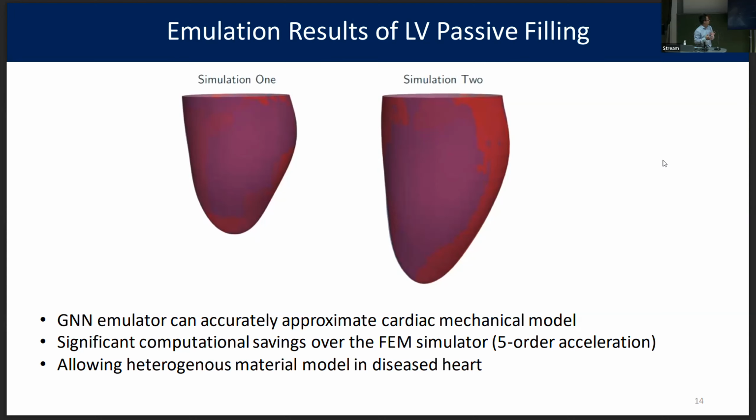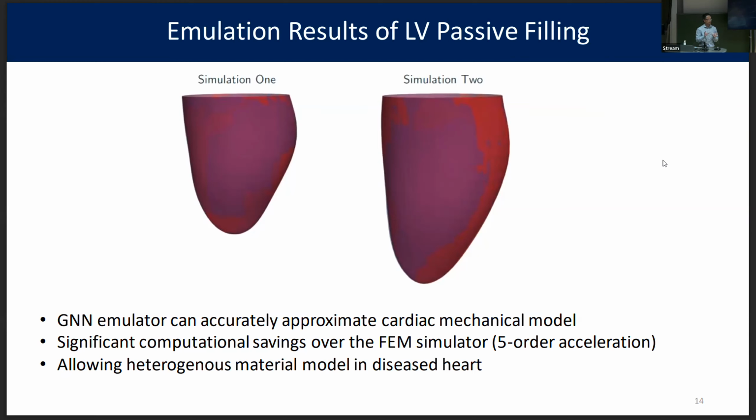So the graph neural network emulator can accurately approximate the cardiac mechanics model, and we also gain a significant computational efficiency over the finite element simulator. The prediction time is within seconds once the graph neural network is trained. We found that it's about a 5-order acceleration.